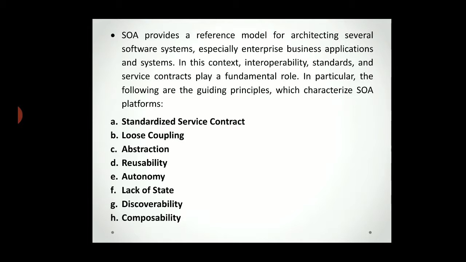In this context, interoperability standards and service contracts play a fundamental role. In particular, the following are the guiding principles which characterize SOA platforms, which are winning features within the enterprise context. Standard service contract, loose coupling, abstraction, reusability, autonomy, lack of state, discoverability, and composability.